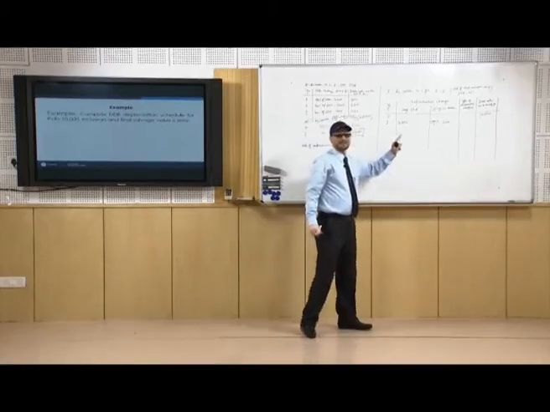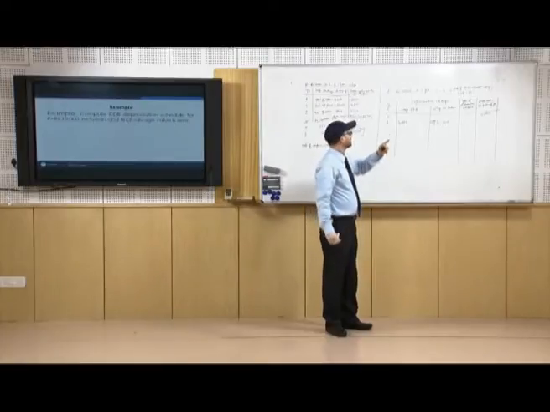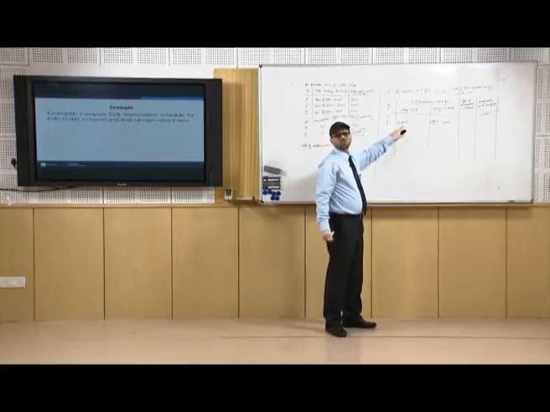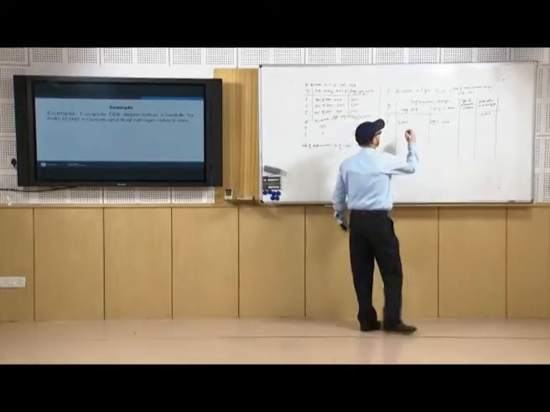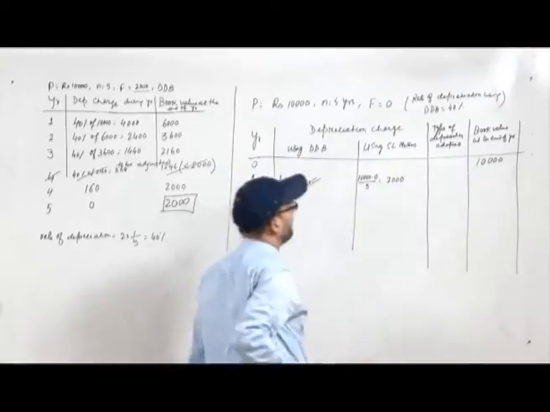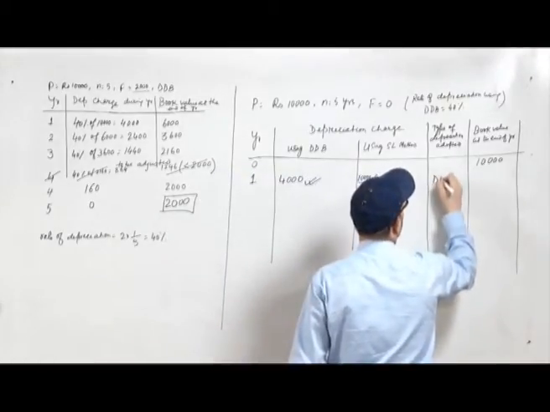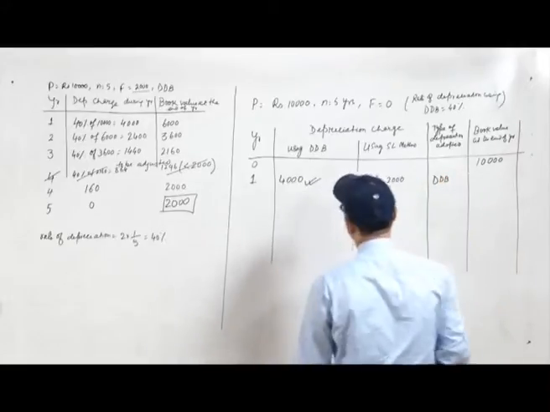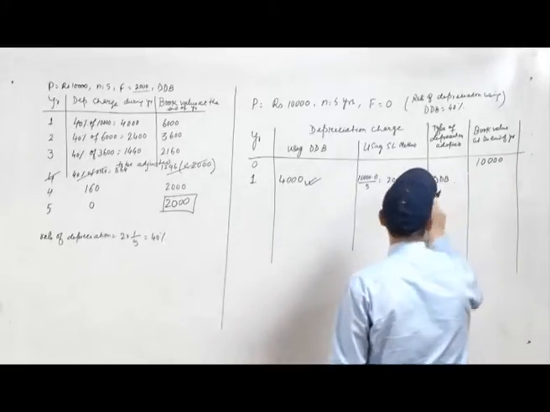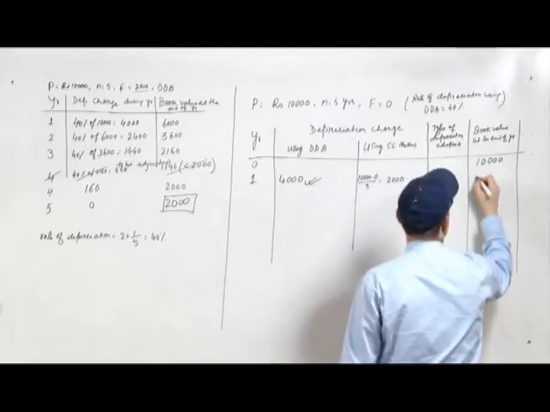So, you see that the amount of depreciation is more using the double declining balance method, and that is why you go for DDB, and your book value will be 10,000 minus 4,000, that is 6,000.